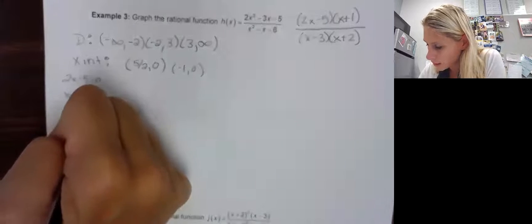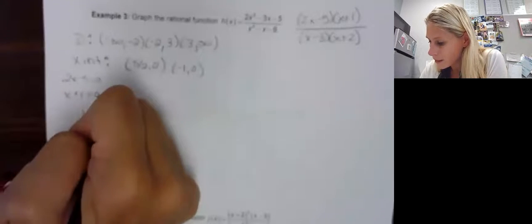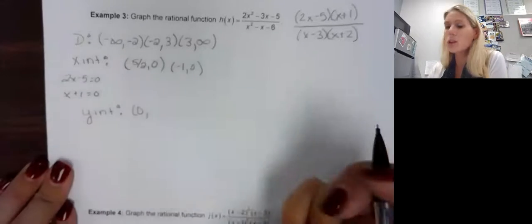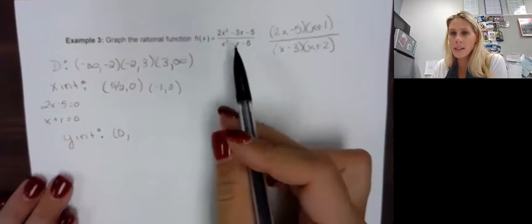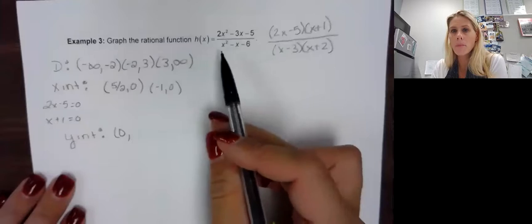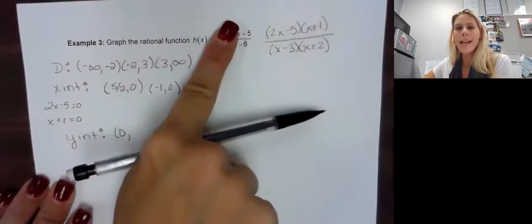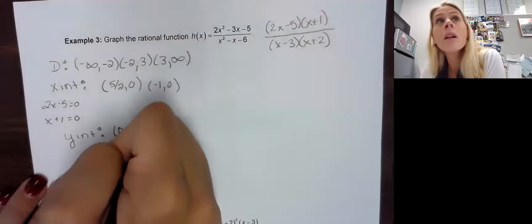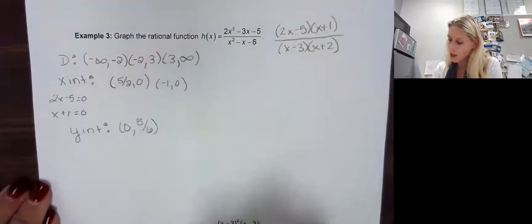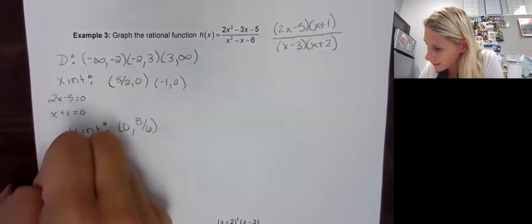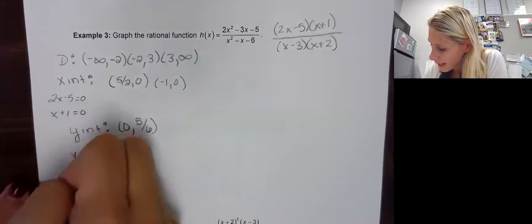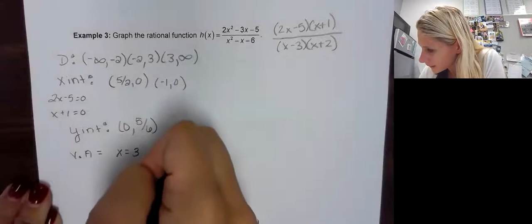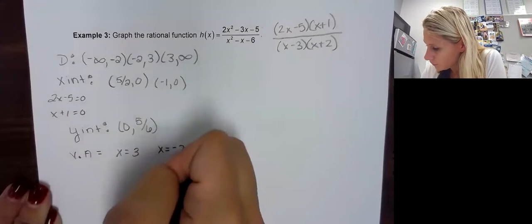Let's check our y-intercept. Y-intercept is when our x is equal to 0. The easiest thing to do is go back to your unsimplified function and plug in 0. Well, that would be negative 5 over negative 6, which is 5/6. All right, next step is our vertical asymptotes. Well, we have it at x equals 3 and x equals negative 2.